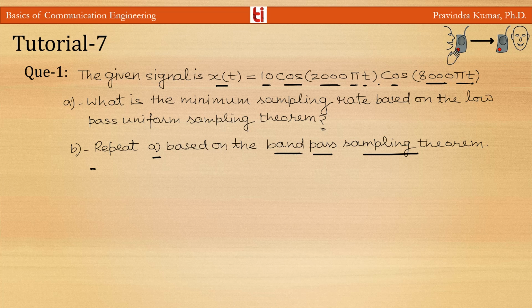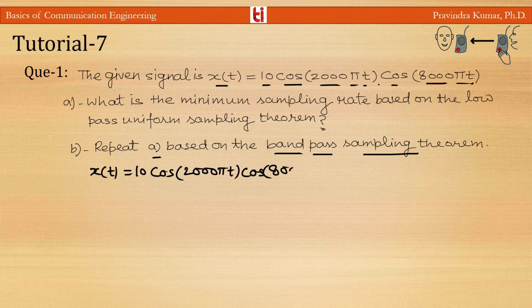Here x(t) is 10 cos 2000πt into cos 8000πt. We can use 2 cos A cos B = cos(A+B) + cos(A−B).